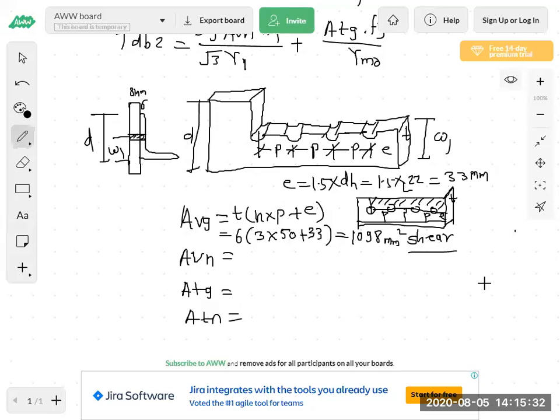Please everyone draw these sketches and draw this first area. This G is nothing but gross, V is nothing but shear, and A is nothing but area. Gross area in shear.